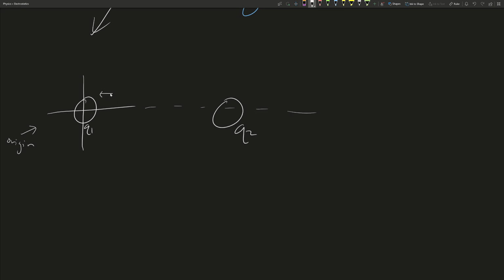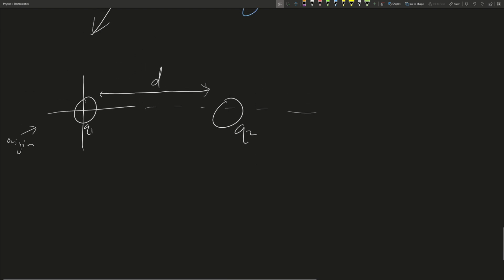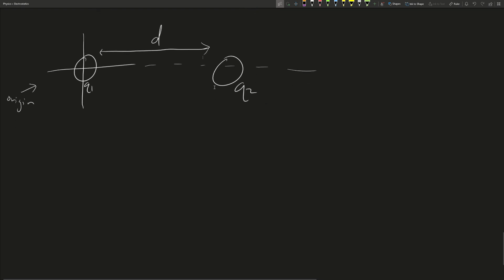They're separated by some distance d. Now you'll see this distance actually won't matter much. It'll obviously influence the answer, but we don't actually need it to calculate the net force, unless we want to do it with respect to the position of one of these.